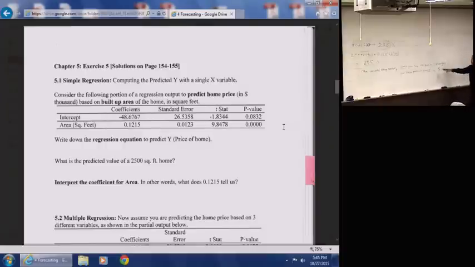So you have to take care of the unit as well, because y is in units of $1,000. So 0.1215 basically means $121.5. Okay? So that's how you interpret the results.